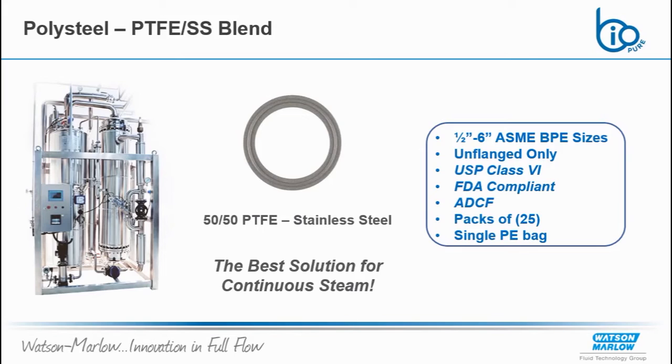It doesn't cold flow like solid PTFE. It's really ideal for clean steam lines and where the gasket is under continuous steam pressure and continuous steam temperature. Okay, it's higher priced than PTFE and envelope gasket, but customers may be willing to pay for that in applications where they really have heavy steam usage, and you will find that out there in the market. So keep that in mind for polysteel.